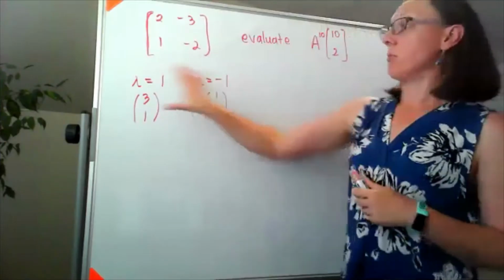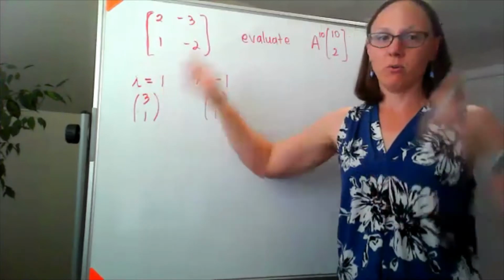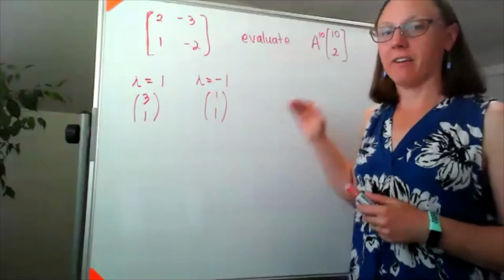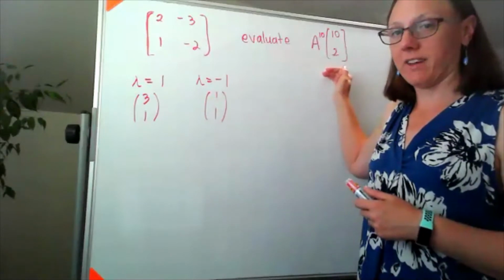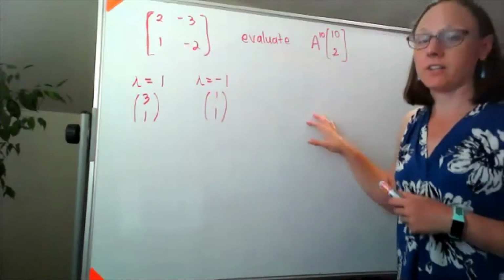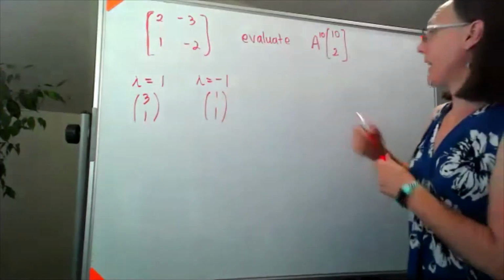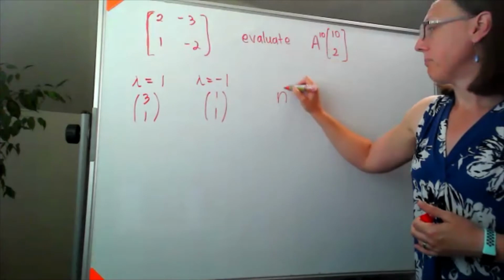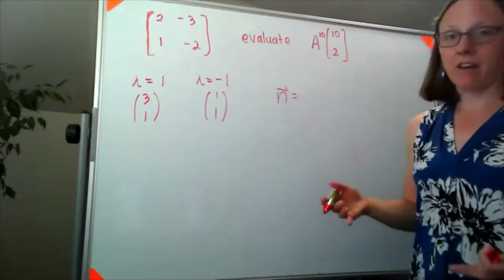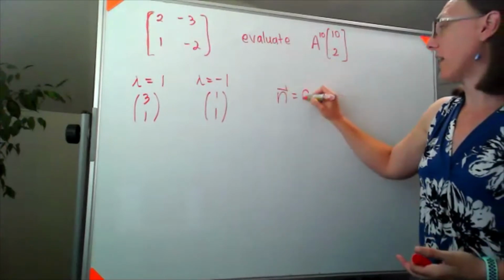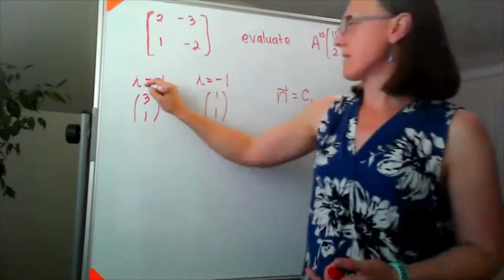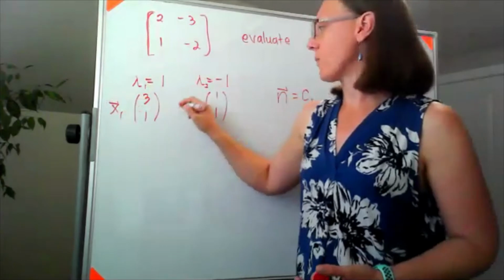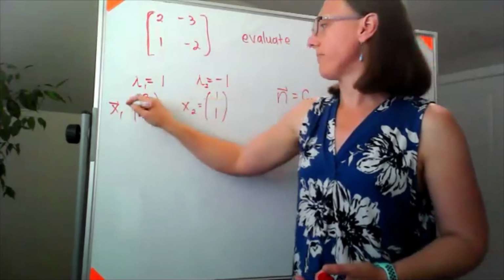Let's just assume that this is true and move forward. So if these are the eigenvalues and eigenvectors, and I've been asked to evaluate this, then the formula that we need to be using is that our final n vector is going to look like a constant times, and let me number these, that'll be lambda 1, lambda 2, x1, x2.